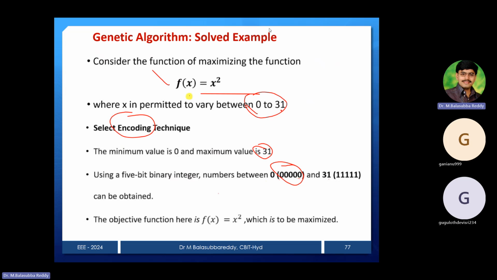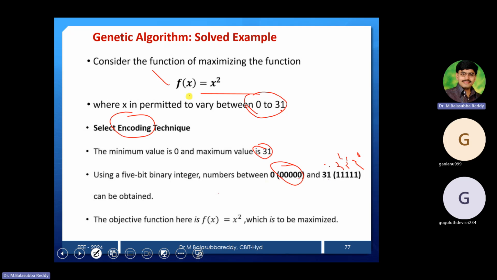Now we can observe the maximum value is 31. Then if the maximum value is 31, this will be 2 power 0, 2 power 1 and 2 power 2. Like that, we need to take all 5 bits.